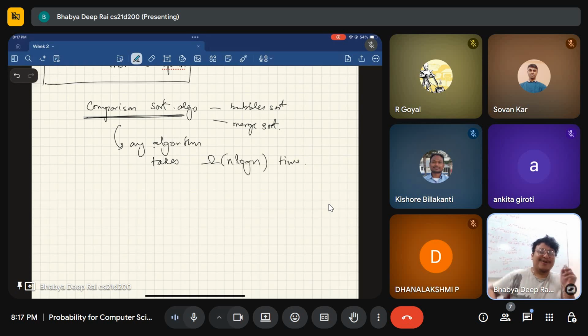No matter how good an algorithmist you are, it is not possible to come up with a comparison sort algorithm that does better than n log n time. There's an information theoretic proof for this. So this is what a complexity theory result looks like. You get it?